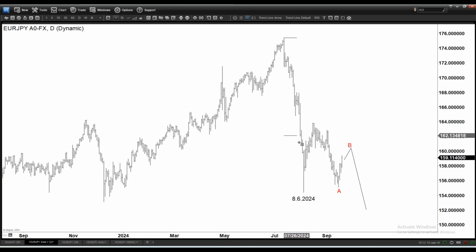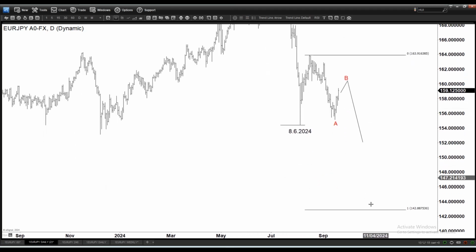If it has broken below August 6th, which it has not by the way, then it is likely to extend lower to the 100% at least, which is 142, which is a long way to go.